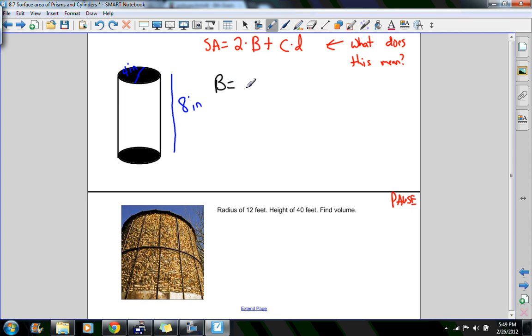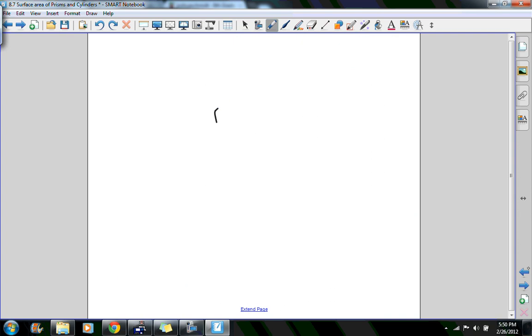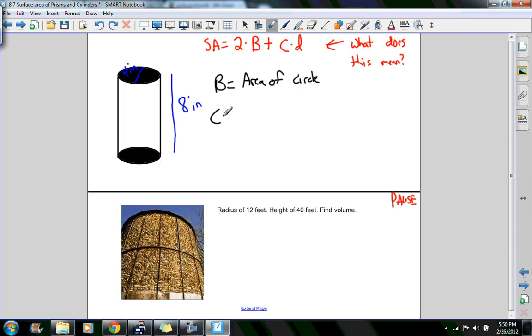B is going to be the area of the circle. C is circumference. And D is the 3D measurement. Now, I know it's a little confusing, but I just want you to see it before you get to class tomorrow so we can work on it together.